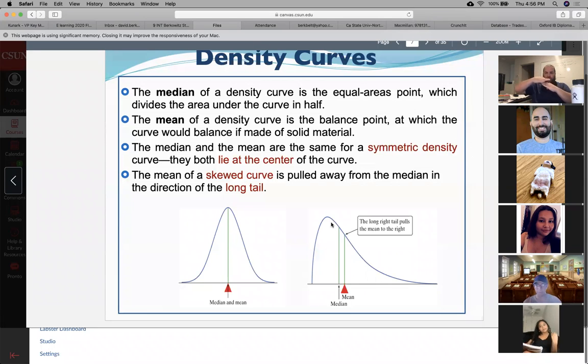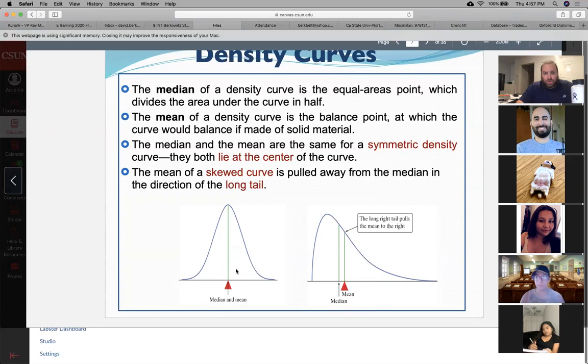Fulcrum. That's the word, fulcrum. And you balance the distribution right at the fulcrum. The mean is the location where it'll be perfectly balanced. So if it's pulled to the right, then the mean has to be moved more to the right for perfect balance. The median is still 50% left, 50% right, but the mean and median are different, okay? Mode, of course, is just the peak, so that doesn't change.